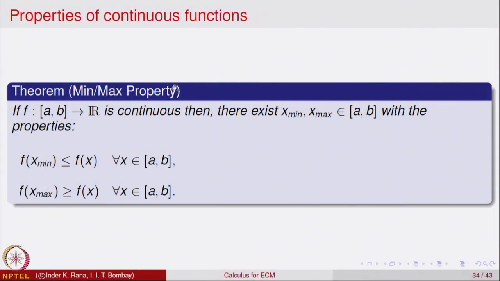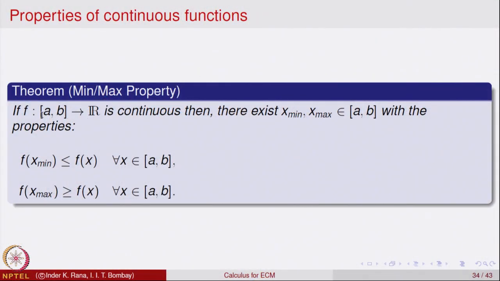The intermediate value property says that the image of an interval is an interval under continuous functions. Here is a slight strengthening of that result.